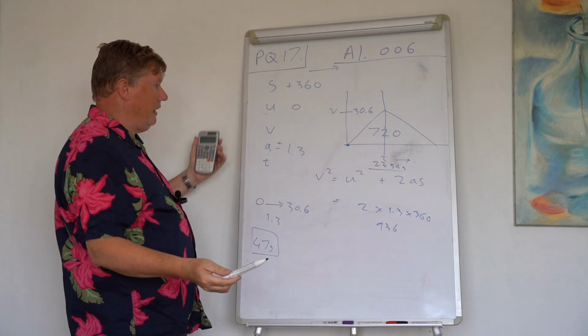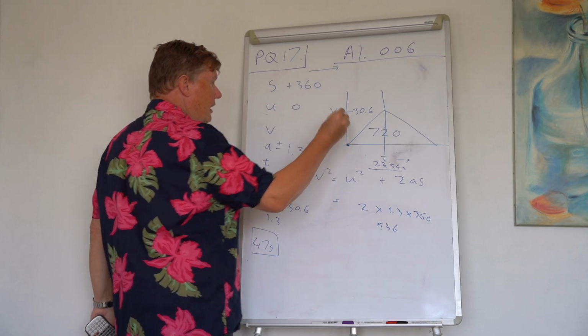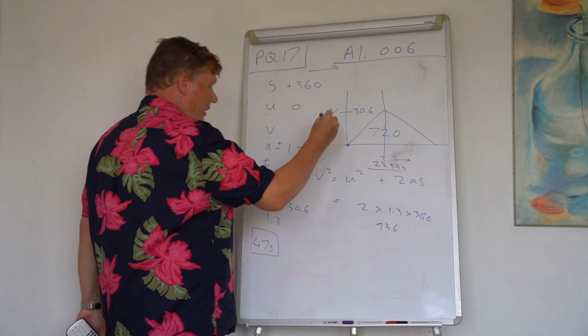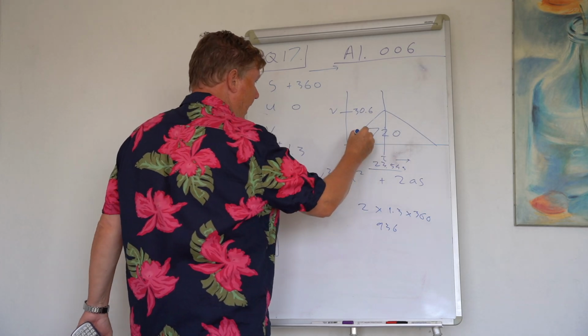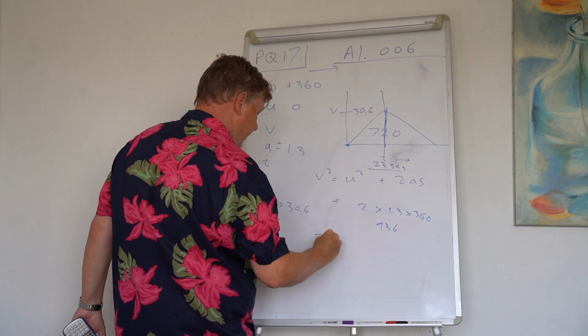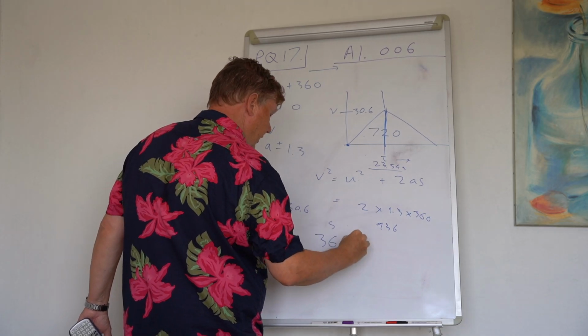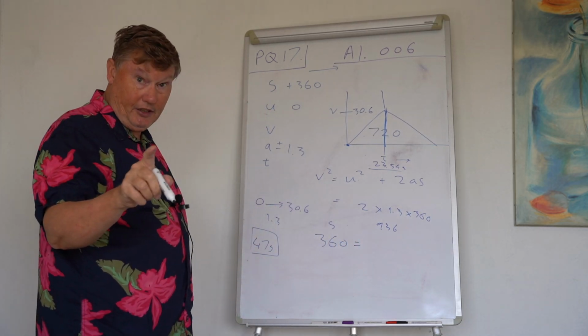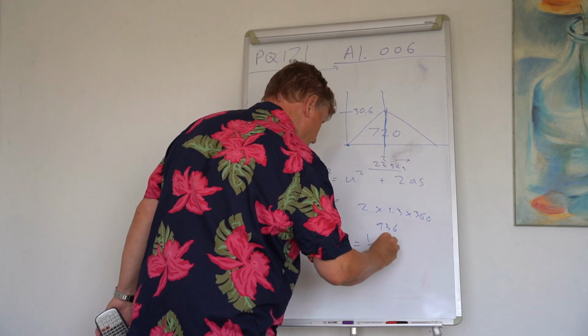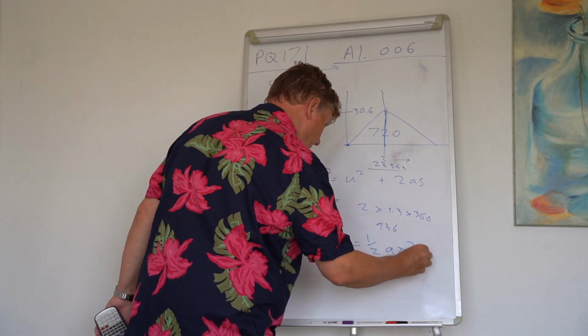Another way of doing it is to simply look at this speed time graph and realise that, for example, the area of half of that triangle there, 360, which is s, is equal to ut plus half at squared, but u is 0. So that equals half at squared.